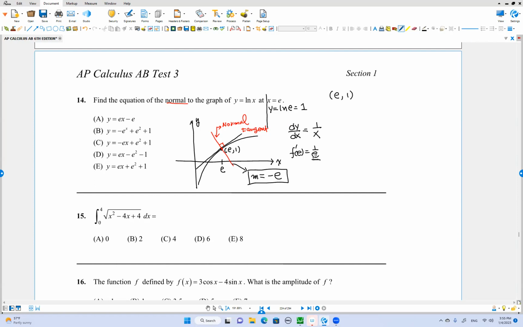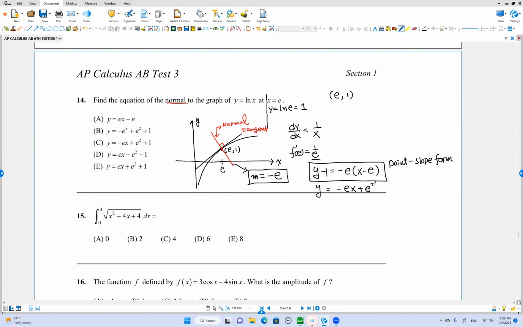Negative e. Now we have a point (e, 1), using point-slope form first. y minus y1, which is 1, slope is negative e, and x minus e. Okay, that's the equation, point-slope. Now express y equals: negative e times x, negative ex, and negative times negative e is what?